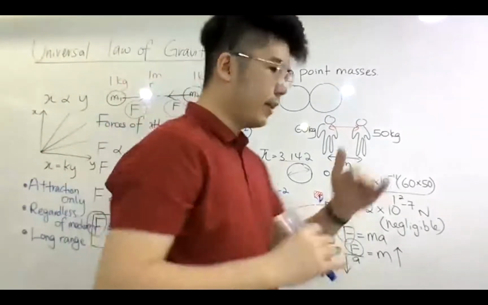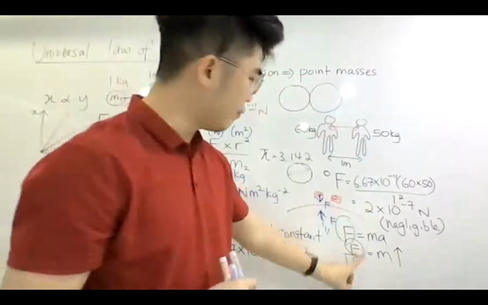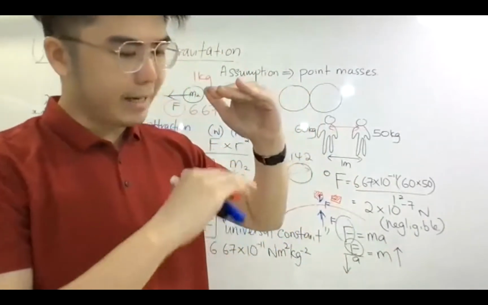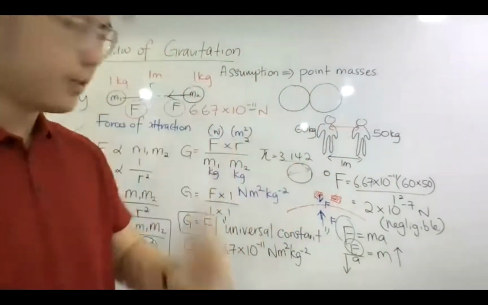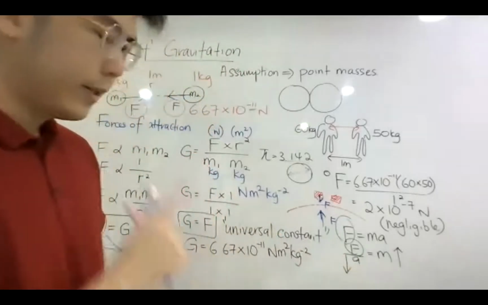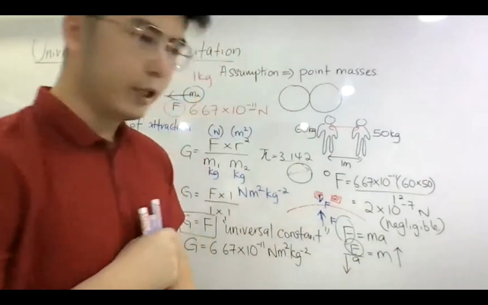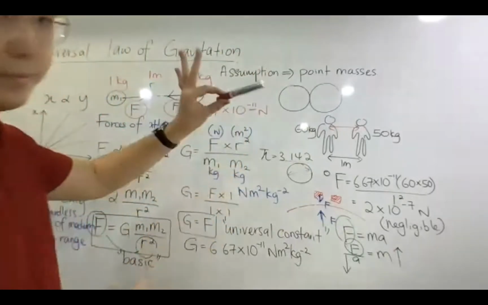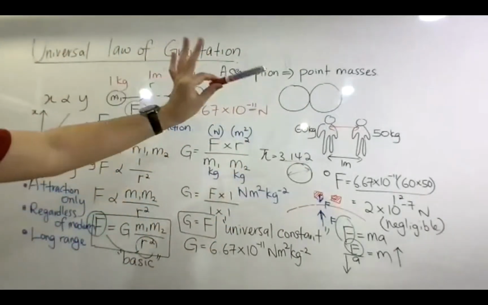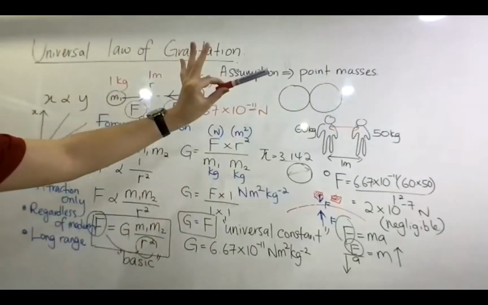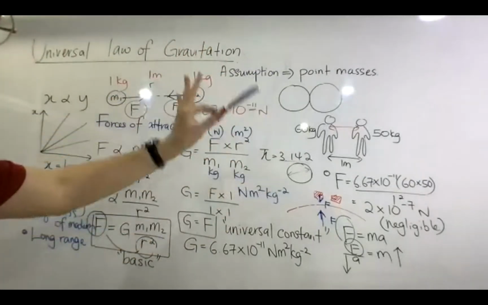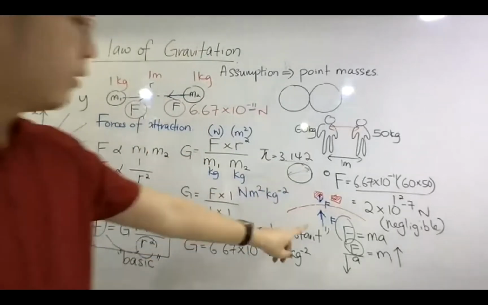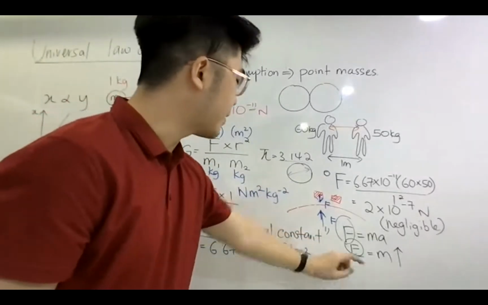The reason why the earth doesn't fall up is because the mass is too high, the acceleration is barely noticeable. You cannot see the acceleration, but theoretically, the earth is also accelerating towards the pen. But because the mass of this is a lot smaller, you see this effect of moving towards, but you do not see the effect of the earth. The acceleration is too small.